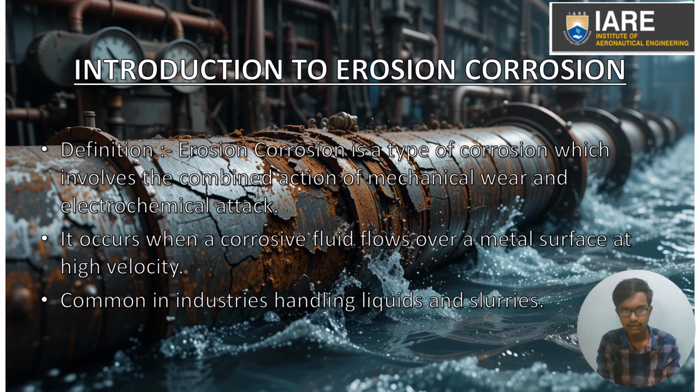Now first of all, let's come to the introduction of erosion corrosion. By definition, erosion corrosion is simply a type of corrosion which involves the combined action of mechanical wear and tear and electrochemical attack. This occurs when a corrosive fluid flows over a metal surface at a high velocity.